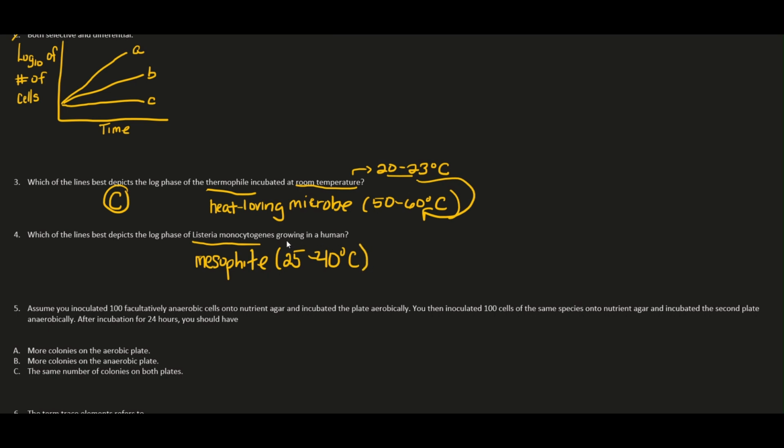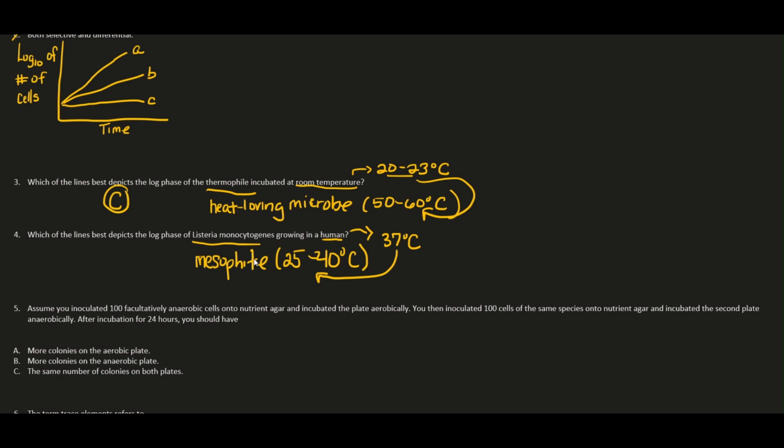And it's saying it's growing in humans. The temperature of humans is 37 degrees Celsius. So does 37 degrees fit into the optimal temperature range of mesophiles?